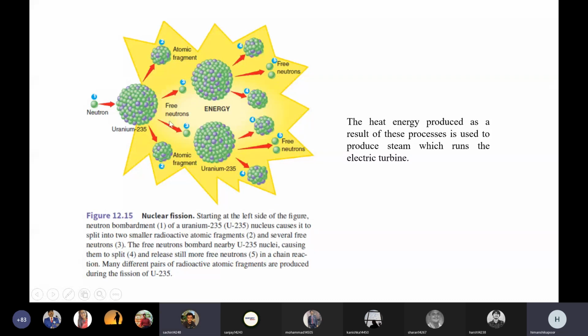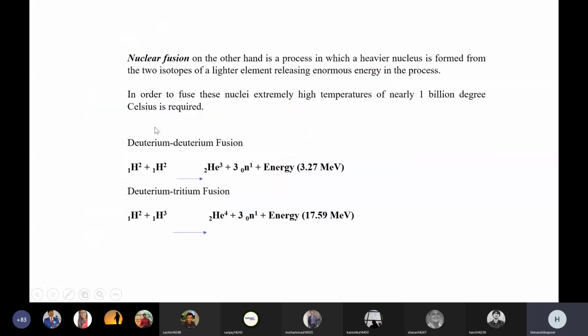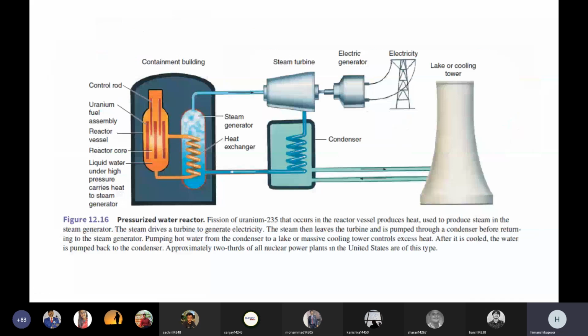Now, what are we doing by inserting the control rods in the fuel rods? We are absorbing these free neutrons. So we are controlling the fission reaction by absorbing these free neutrons, and this is done by the control rods.